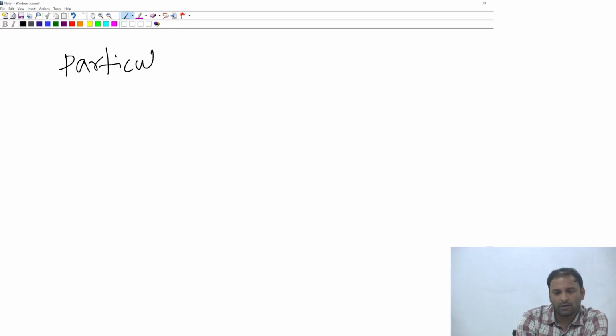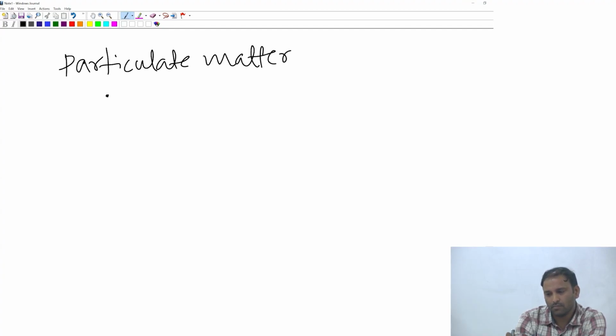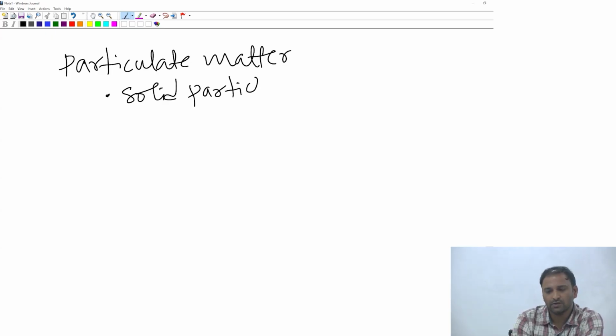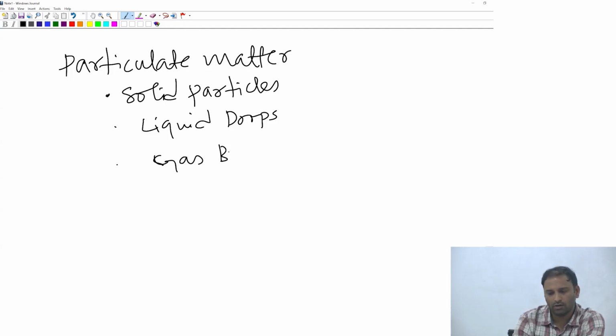last week was that if you consider particulate matter, we said that particulate matter could be either in the form of solid particles, or liquid drops, or gas bubbles.